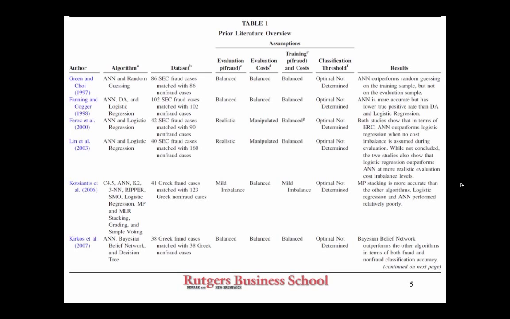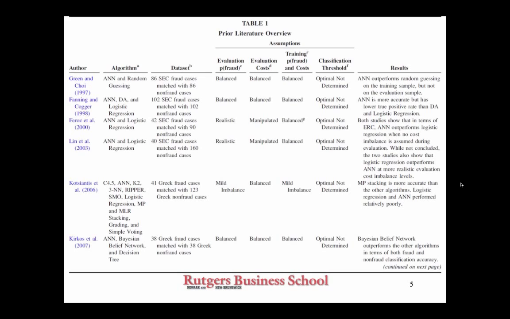As far as the costs are concerned, he will actually use 11 different options. And again, this is the ratio of false positive to false negative. So the misclassification cost. So what is the misclassification cost? At one extreme, he will use 1 to 1.